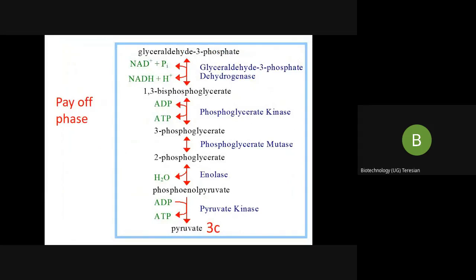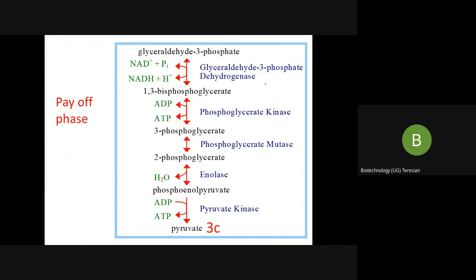So, the next step, what happens? Your glyceraldehyde 3-phosphate is converted into 1,3-bisphosphoglycerate in the presence of the enzyme glyceraldehyde 3-phosphate dehydrogenase.